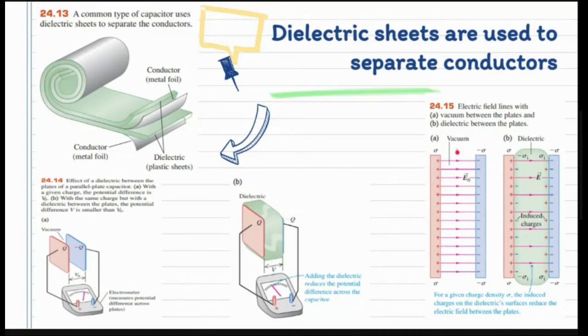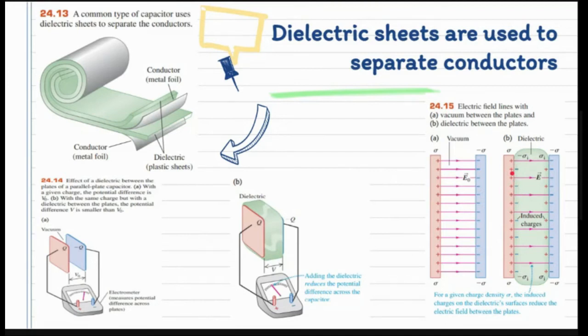As you can see here, this is the electric field of a conducting plate without the dielectric material. So the electric field is very strong. But if we insert a dielectric material between two conducting plates, what happens? There is an isolated pairing of electric charges, an isolated attraction. This is because of the induction process. There is an isolated polarization of electric charges. So there is a pair here, and a pair.